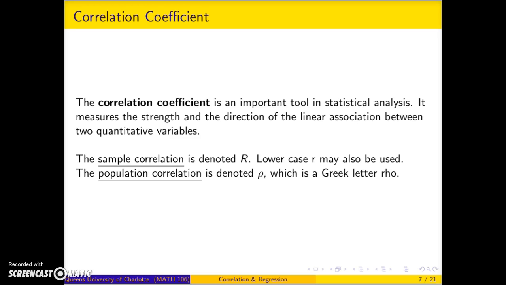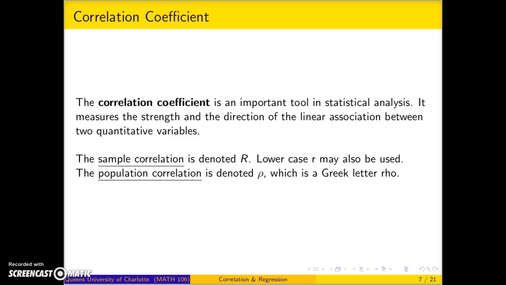And then the next thing we look at is the correlation coefficient, which measures the strength and direction of the linear relationship between two variables. Just like x bar is the best estimate for mu, s is the best estimate for sigma, and p hat is the estimate for p, this is another statistical parameter pair.